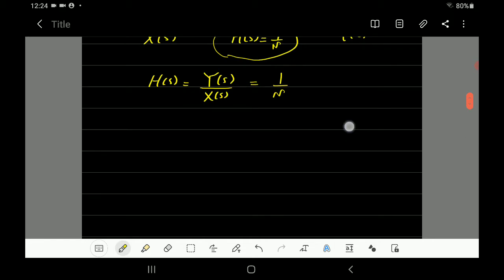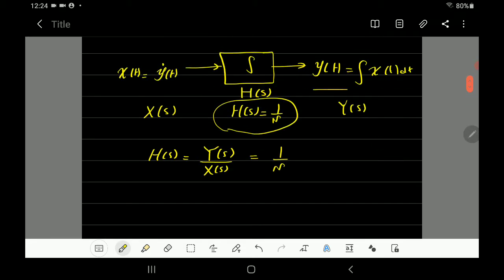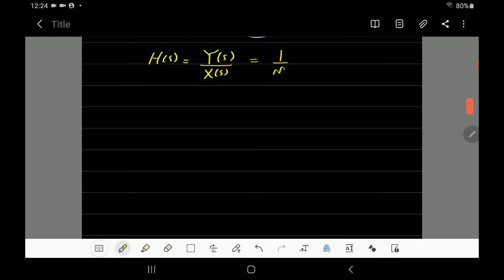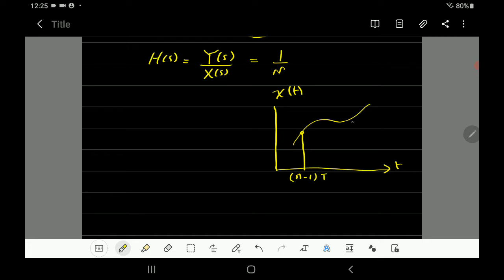How will we do that? We know already that the output is equal to the integration of x of t. So if you have the signal x of t, sketched against the time t, this point is equal to n minus 1 T, and the second point is nT, where T is the sampling period.